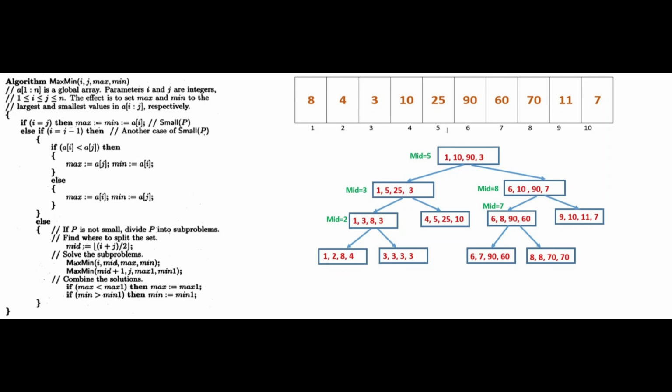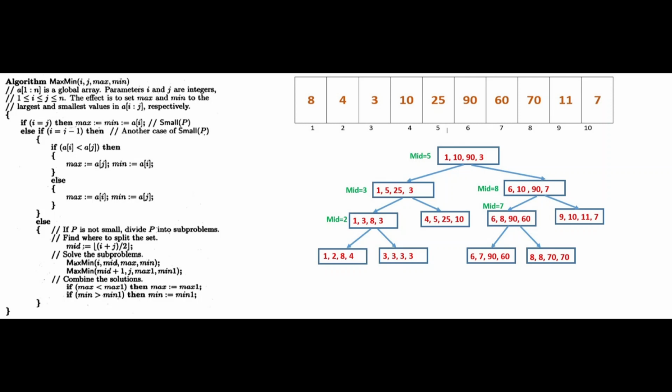Look at the root node. From the global array, a of 1 to 10, which is the global array, the other arrays, the sub functions, are local. From a of 1 to 10, the maximum value is 90 and the minimum value is 3. Okay, look at each node.